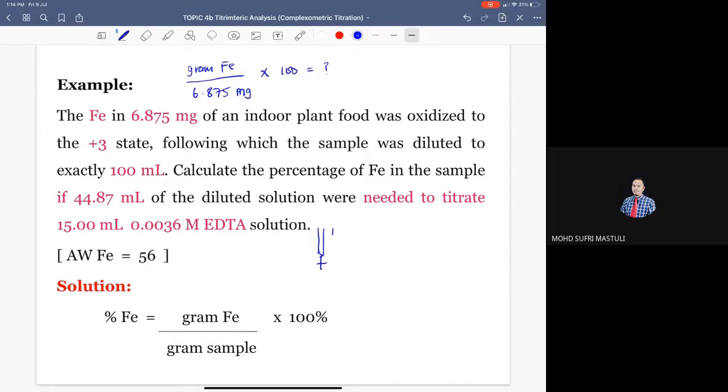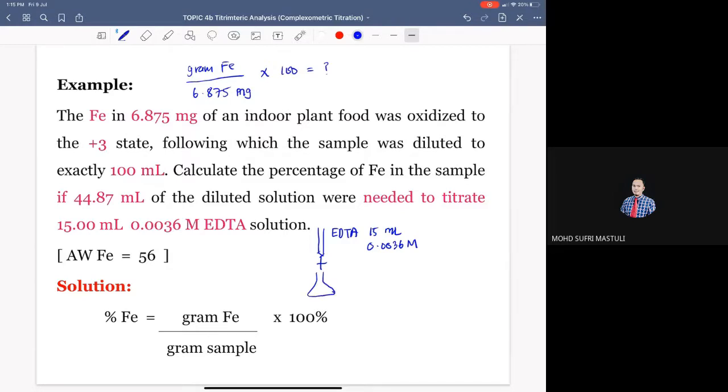This EDTA needs 15 ml of 0.0036 molar. So what is the analyte in the sample?